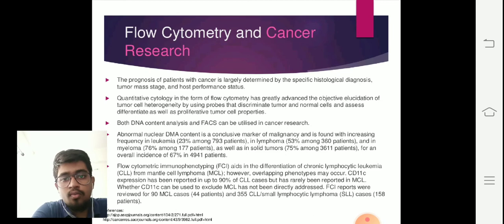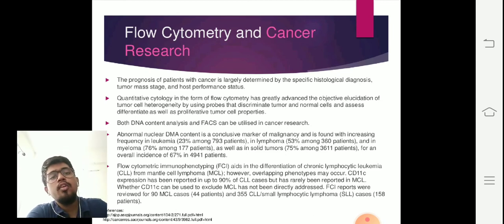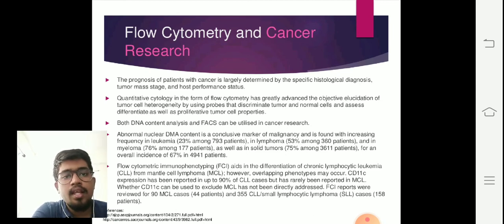We all know that abnormal nuclear DNA content is a conclusive marker of malignancy and is found with increasing frequency in leukemia, around 23% as the survey says, 793 patients; in lymphoma, 53%, around 360 patients; and in myeloma, 76%, around 1777 patients.